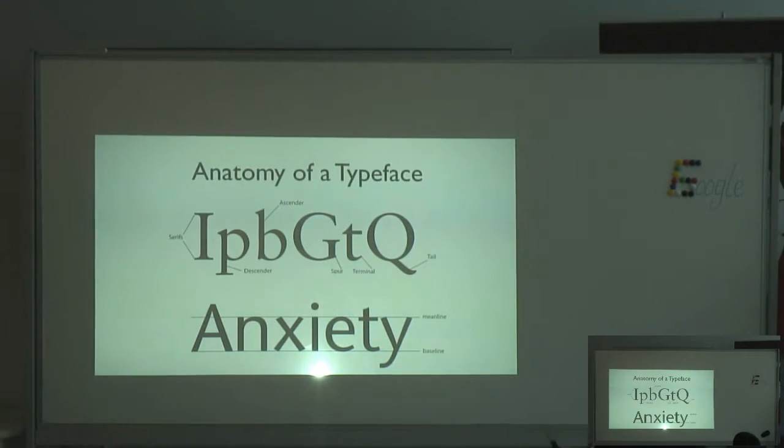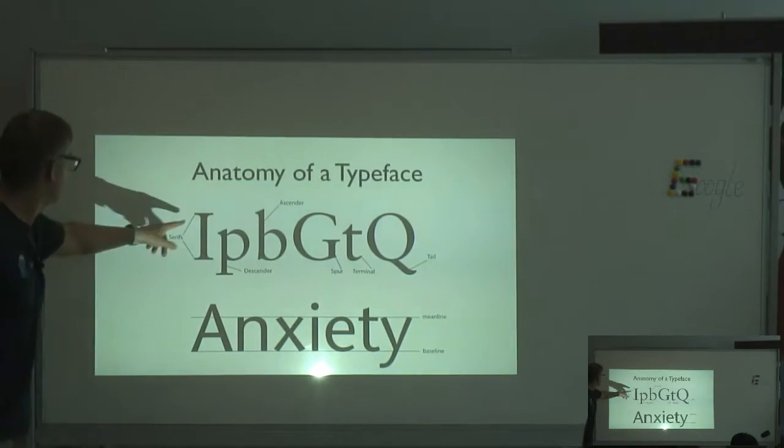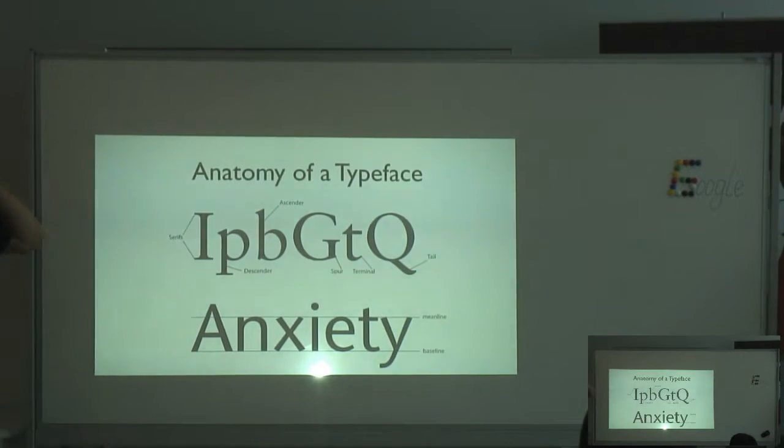But where do they come from? Where do the serifs come from? Why are they there? Who came up with that idea? That in the old days of printing newspapers or books, whatever, it makes it easier to read.